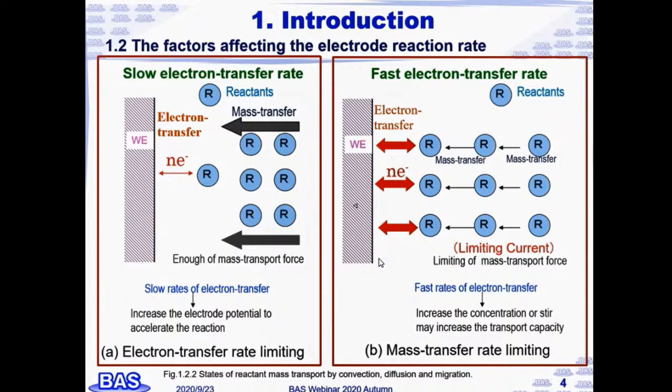On the other hand, in a fast electron transfer rate reaction system, the mass transport rate determines the electrode reaction rate. Thus, no matter how the potential is increased, the current no longer increases. This saturated current is called the limiting current, which is due to the transport capacity of the reactant to the electrode surface having reached its limit.